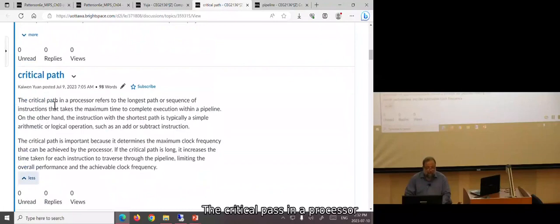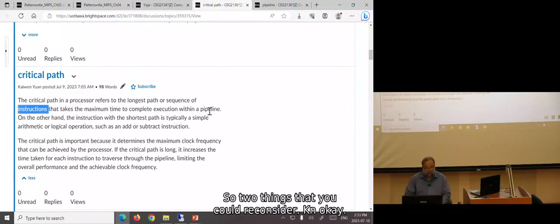The critical path in a processor refers to the longest path or sequence of instructions, or one instruction, that takes the maximum time to complete execution within a pipeline. There is no pipeline. We are not talking about pipeline here. And there is no sequence of instructions.